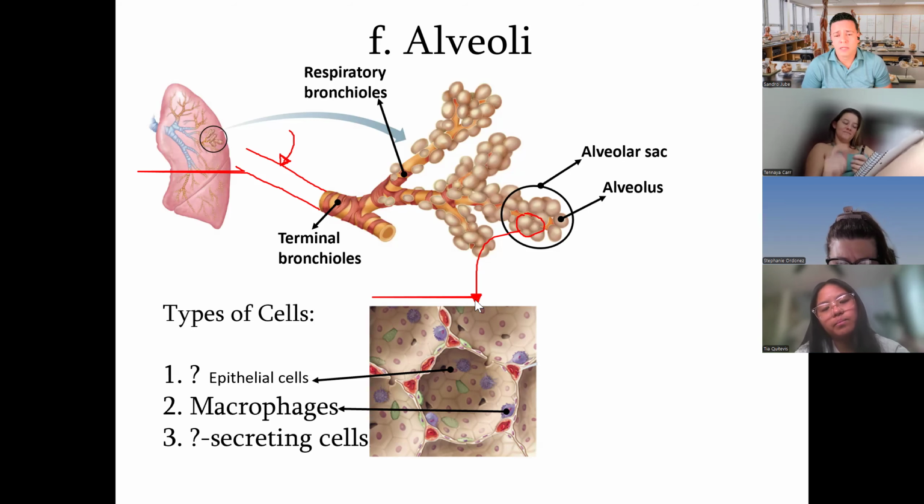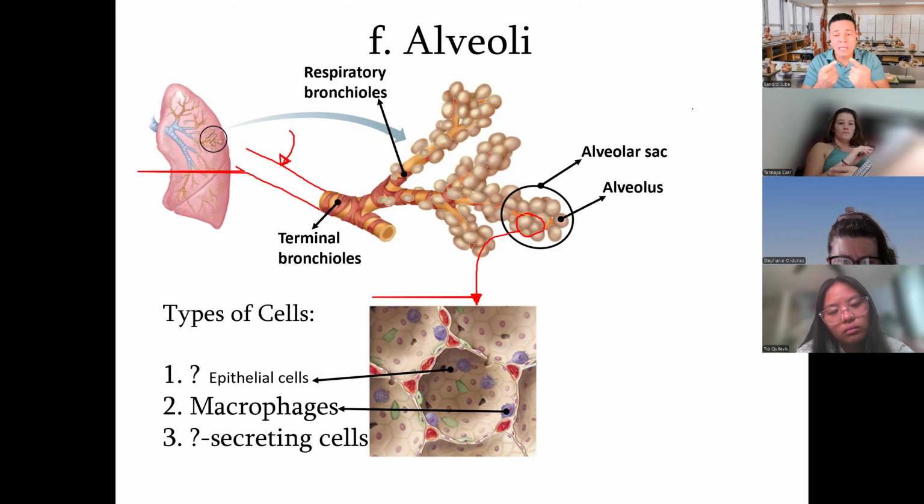Right, absolutely. Now here's the deal. Why do we need to have these macrophages that live inside of the alveoli? We need them in there because our respiratory system, guys, is directly exposed to the outside environment. Think about this for a second.